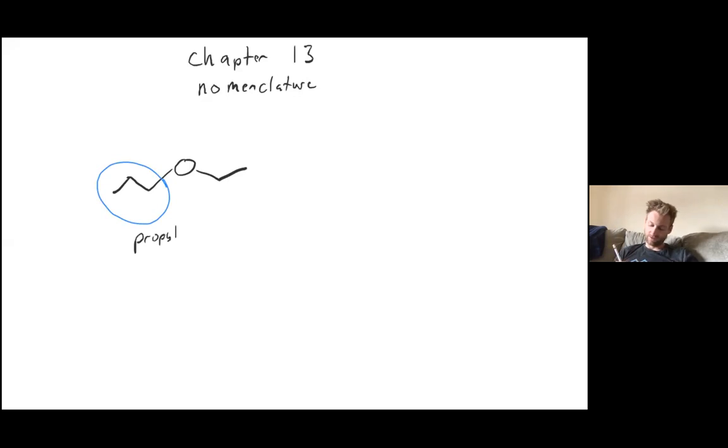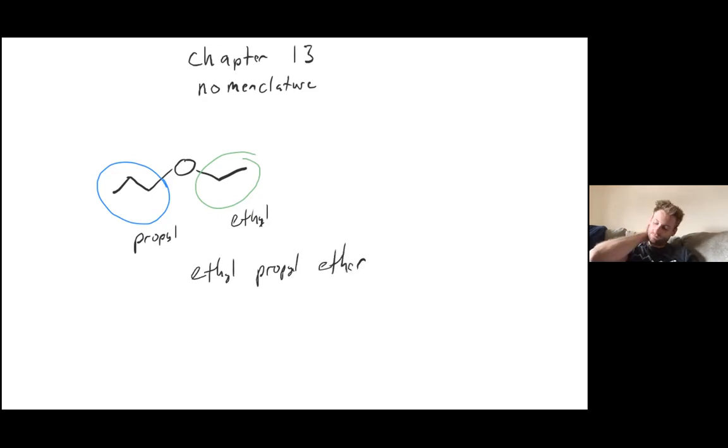On the right side, we call this an ethyl group, 2 carbons to it. Putting them together in alphabetical order, you'd call this ethyl propyl ether. So basically, anytime you have 2 simple groups coming off of it, that's how you treat it.